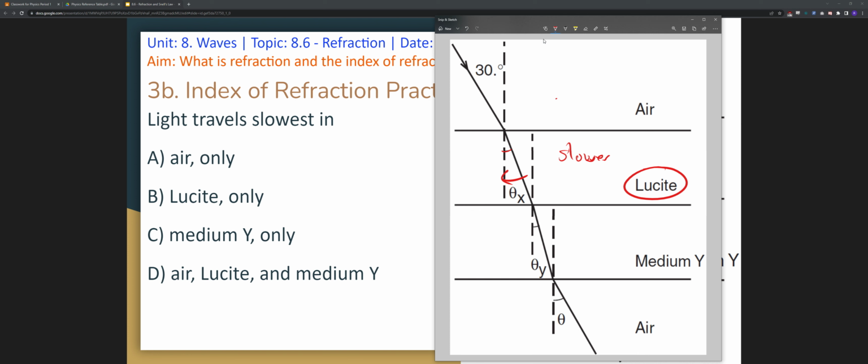And from lucite to medium wide, it might be hard to see, but you are bending even more towards the normal line, which means you are getting slower from lucite to medium wide. From medium wide to air, you're getting faster because you're bending away from the normal line. All right. So medium wide will be the slowest.